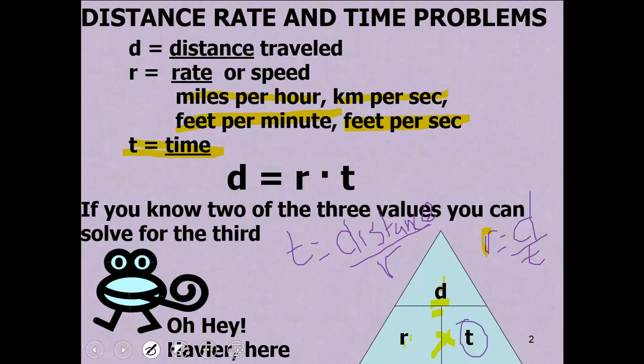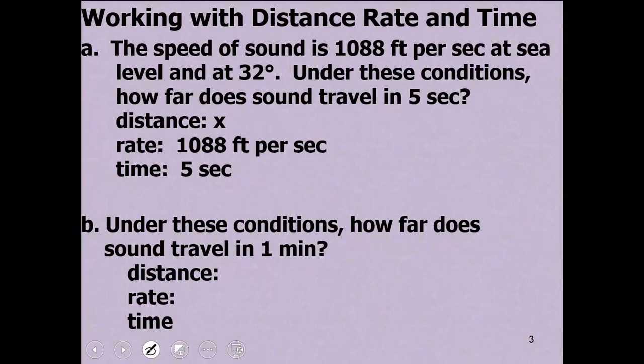If you're looking for rate, you're going to be asked at what speed did this thing travel, or at what rate was it traveling. And if you're looking for time, it'll say how much time did it take to travel. So pay attention to what the question is asking for.